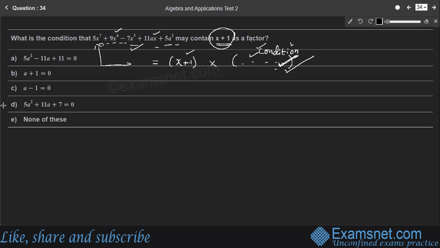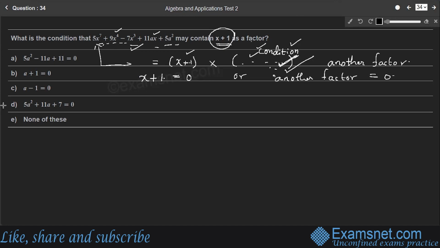So how to get this condition? How to get the other factor? If an expression can be expressed as a product of two expressions, then each factor of the given expression, say for example x + 1 is one of the factors, we can equate it to 0, and the other factor is also equal to 0.